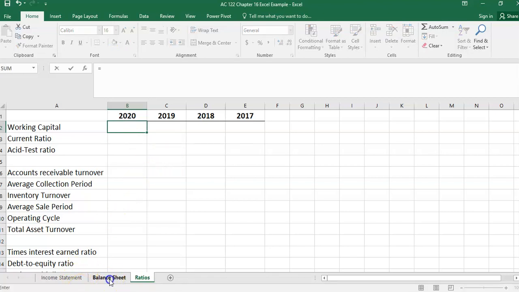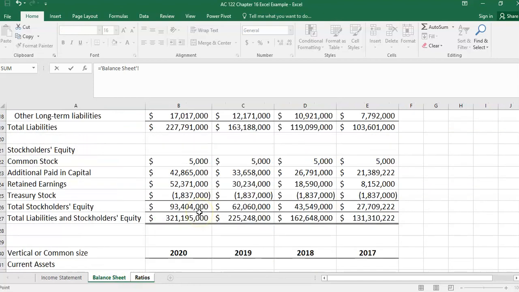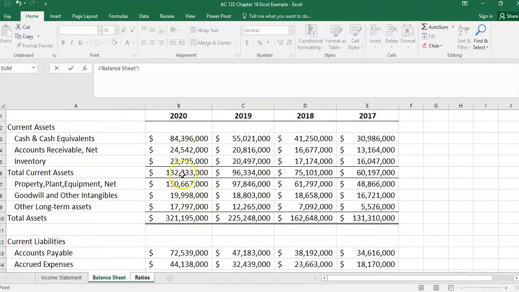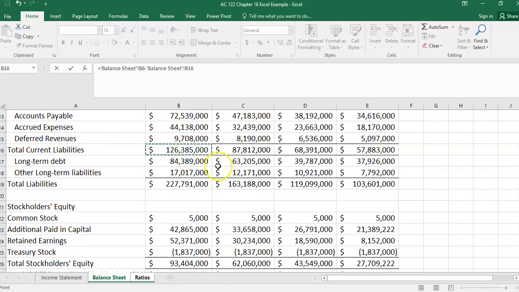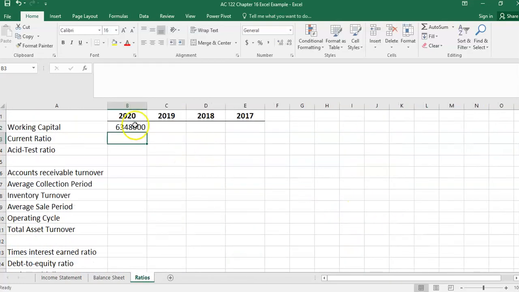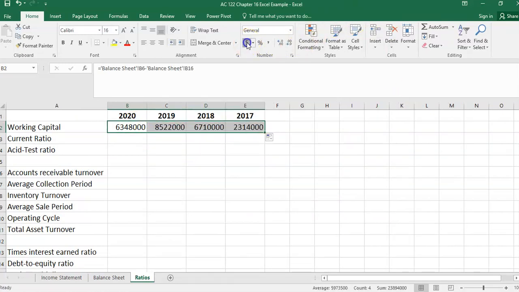So we go to our balance sheet and we take total current assets minus total current liabilities. We can copy that formula across, and that is formatted as a dollar amount.